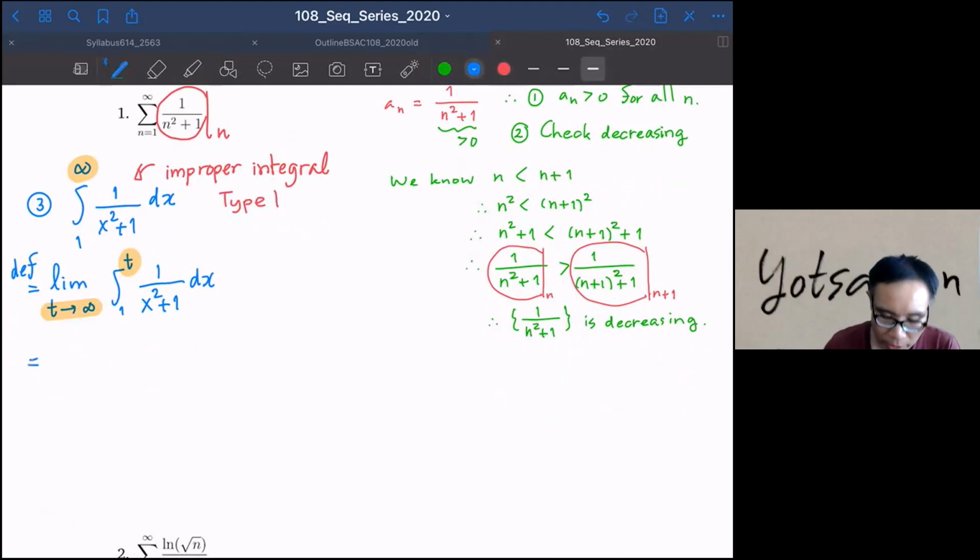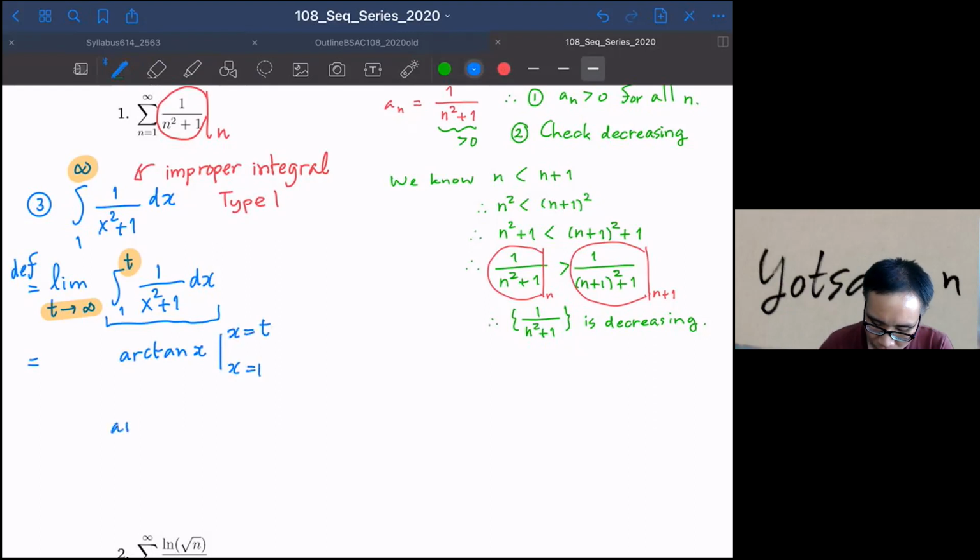And you see that the integral you're going to compute first turns out to be arctan x. So the integral of 1 over x squared plus 1 is arctan x, from x equals 1 to x equals t.